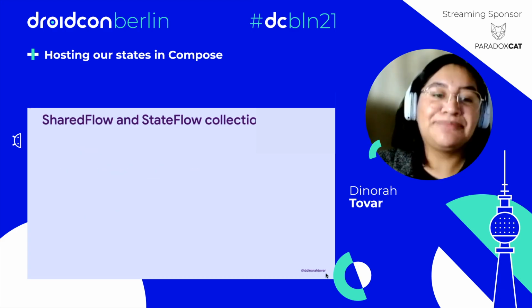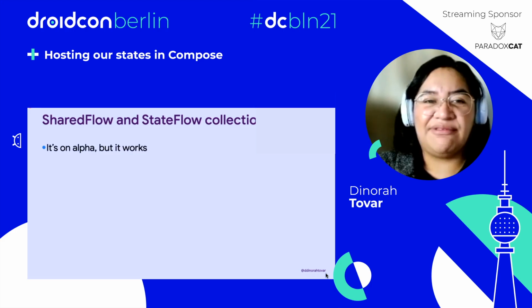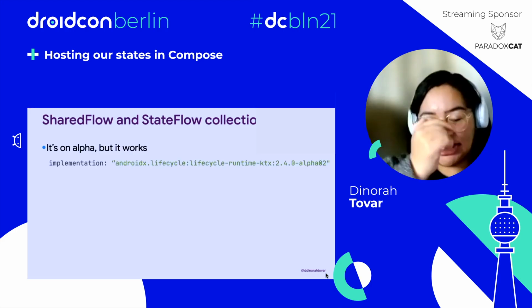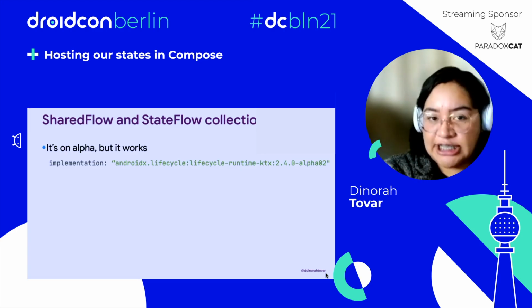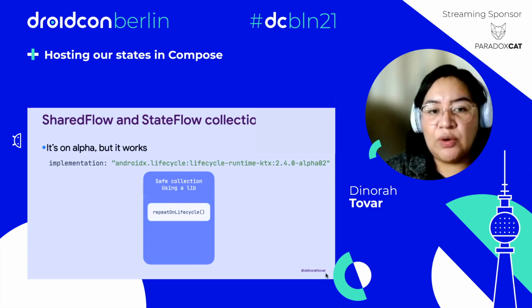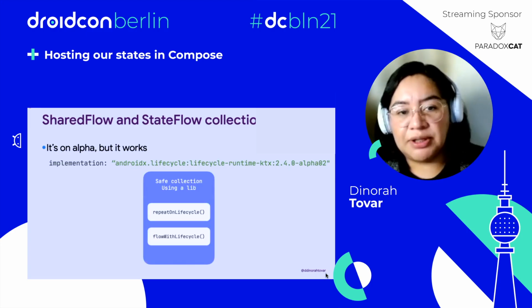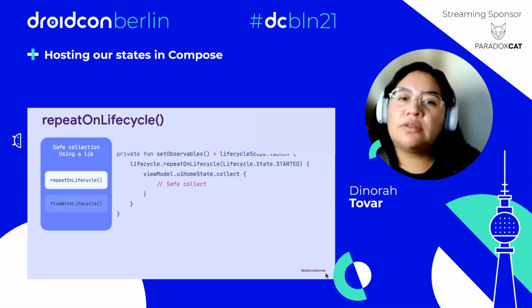With this new library, which is an alpha but it works, you can collect your StateFlow and your SharedFlow in a safe way. You make sure that you are collecting using these two functions, repeatOnLifecycle and flowWithLifecycle. repeatOnLifecycle will look something like this.